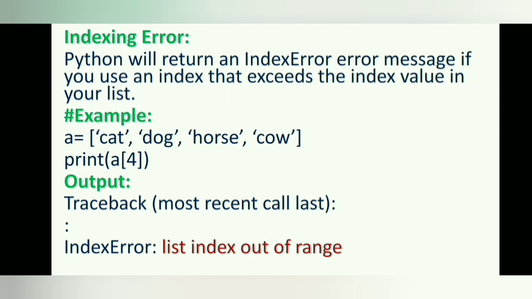Similarly, if we use negative index -5, Python will return an index error message that list index out of range, because here valid negative indexes are -1, -2, -3 and -4. Python will return an index error message if you use an index that exceeds the index value in your list.